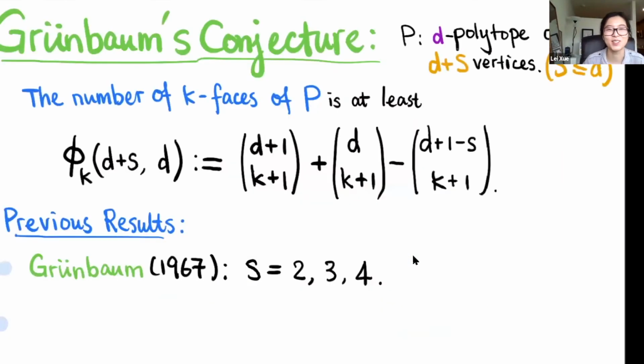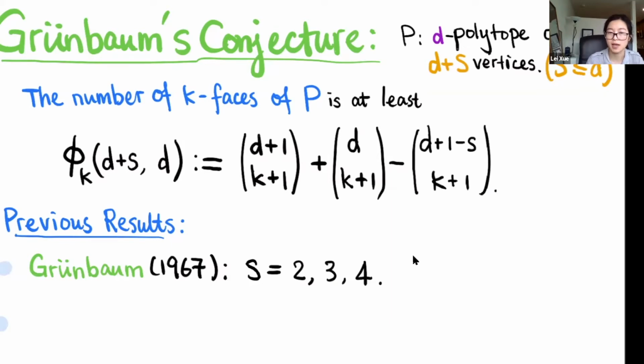Okay, we're getting back to Grünbaum's conjecture from 53 years ago. Grünbaum himself proved the case when S equals 2, 3, and 4 in his book. And the case when S equals 1 also holds trivially, right? There's a unique polytope of dimension D with D plus 1 vertices.